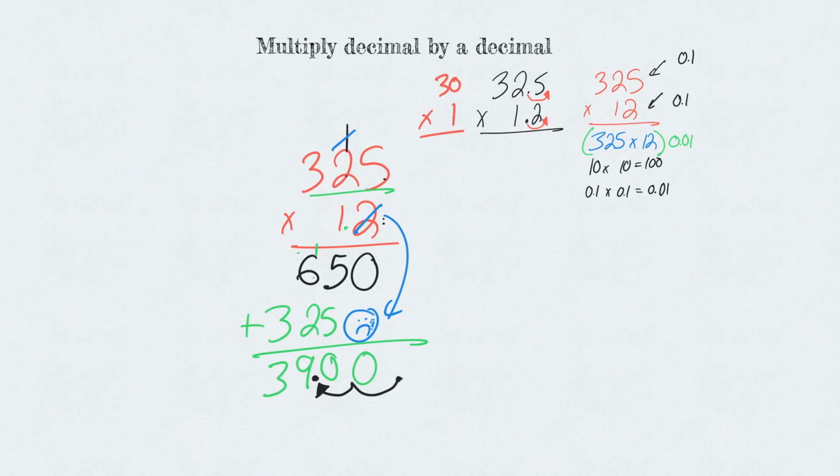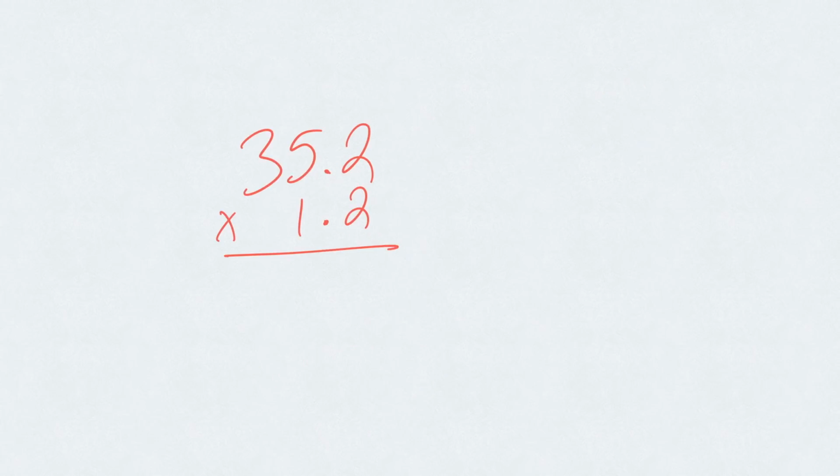So 30 times 1 is 30. So I know my product has to be around 30, which, if you look, 39 is close to 30. So my answer is reasonable. That is the correct placement of the decimal. Yes! Ka-chow! What a transition, right?